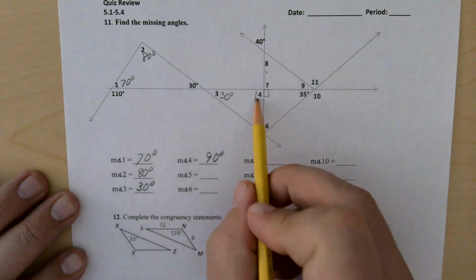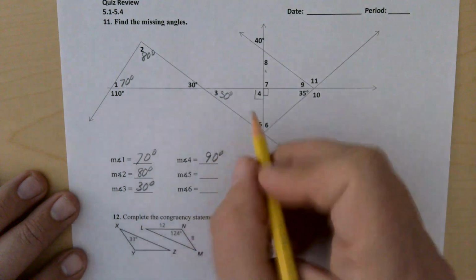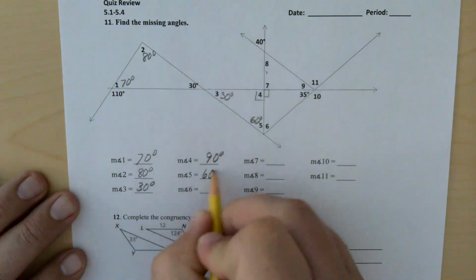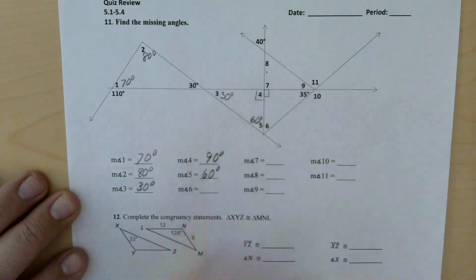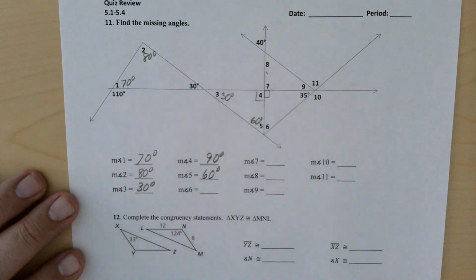Okay, so then 90 plus 30 is going to be 120, which forces 5 to be 60 degrees. Okay, remember all three angles, 30 plus 90 plus 60, that has to add up to 180. Okay, or look at its complements, 30 and 60 add up to 90.